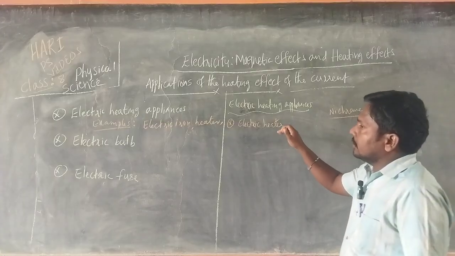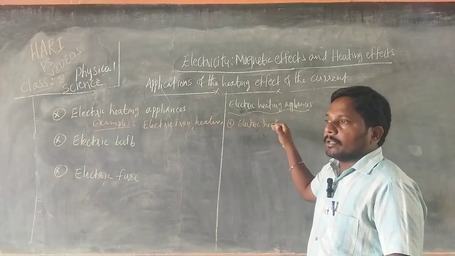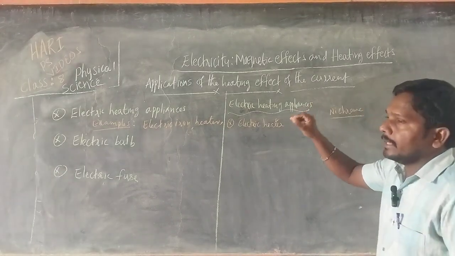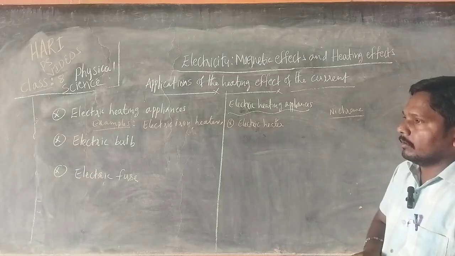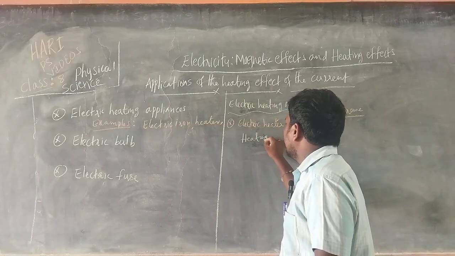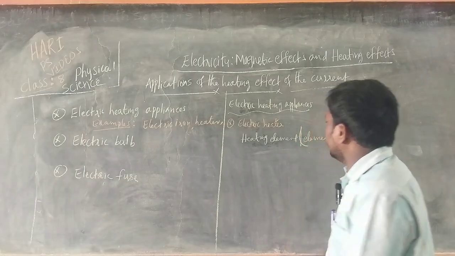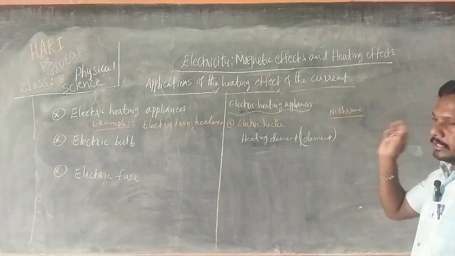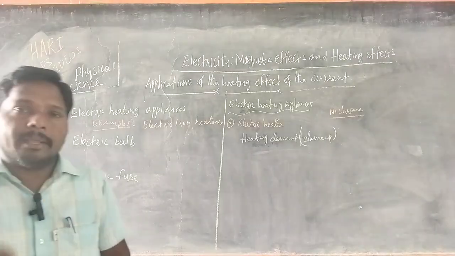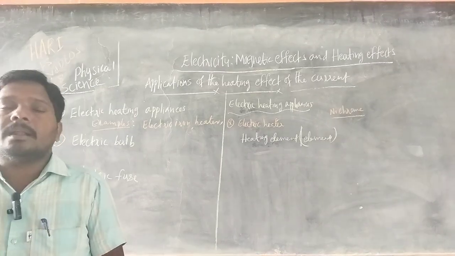So all the electric heating appliances like electric heater, electric iron, electric kettle, oven contain a high resistance nichrome wire.